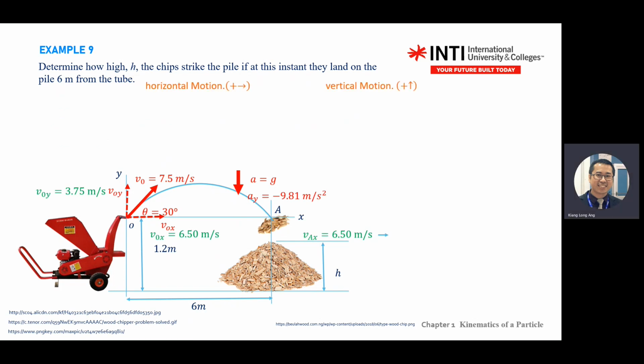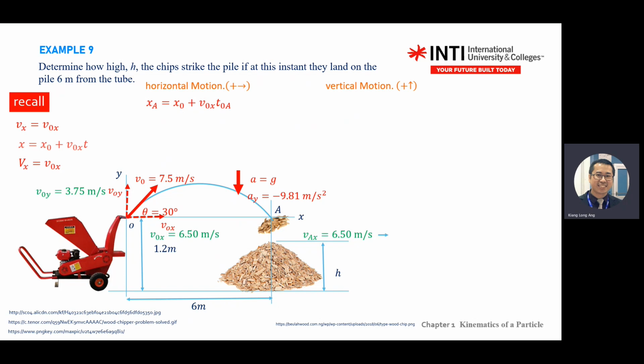Horizontal and vertical motion. You recall the 3 equations just now, then I choose one of them. The first one you already solved: Vx equals Vox, this component equals this component here.